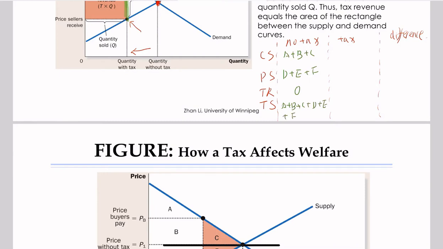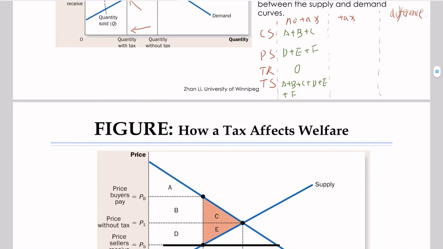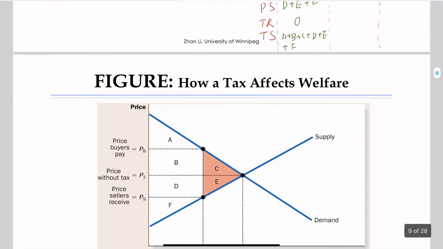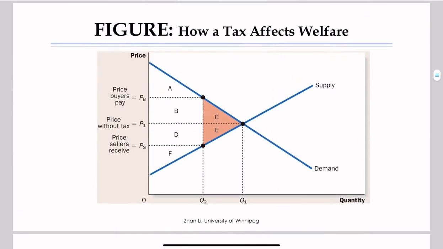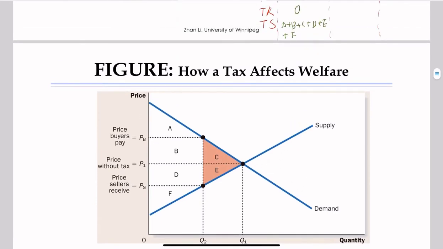Now, let's consider the more interesting case, that is the case with tax. After imposing tax, the quantity would be given by Q2. In this case, price paid by buyers is given by PB, this guy here. And we know that the area between the demand curve and the price gives you the consumer surplus.